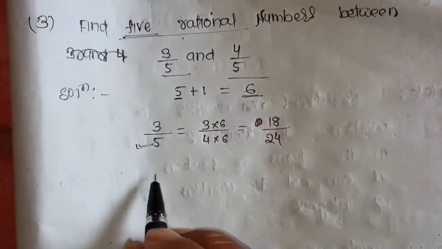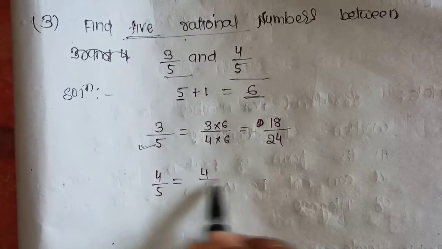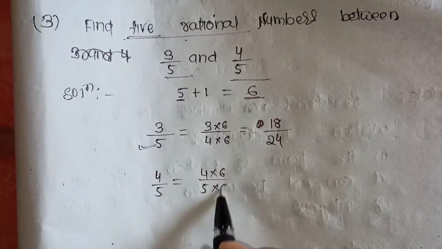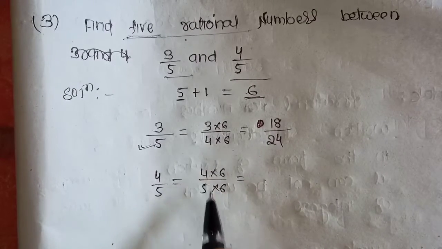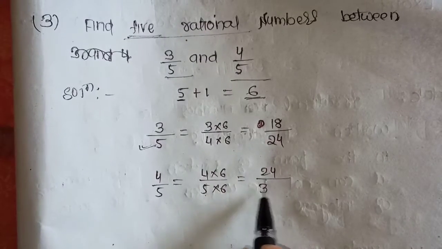And the other number we have is 4 by 5, and we do the same thing: we multiply numerator and denominator both by 6. You will get 6 times 4 is 24 and 6 times 5 is 30.